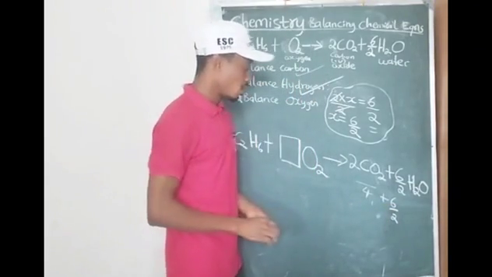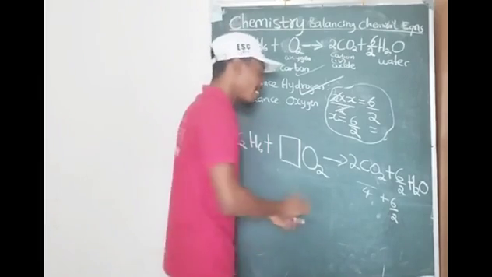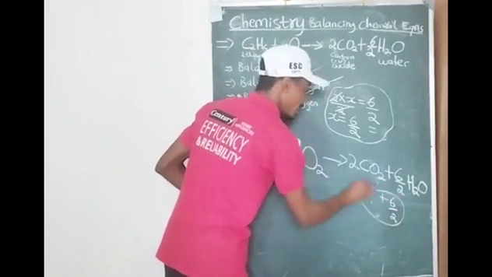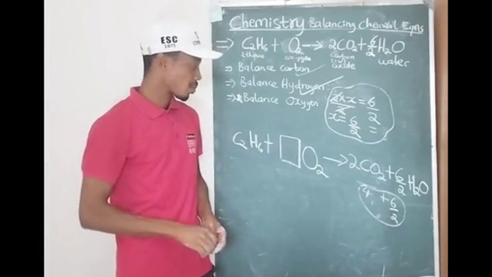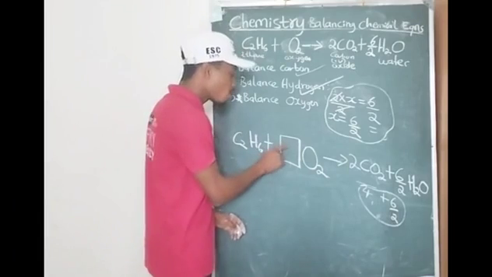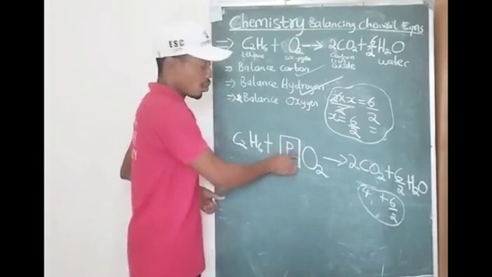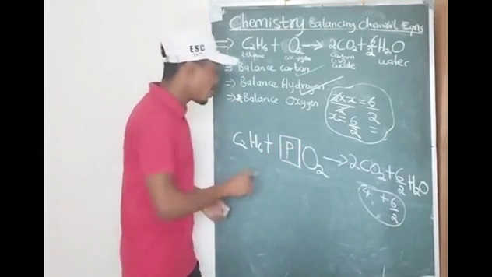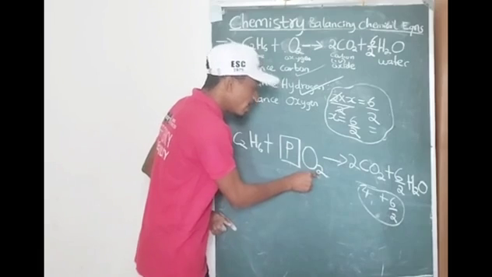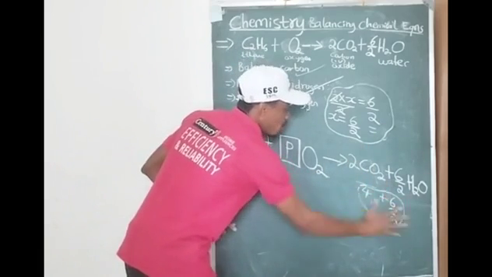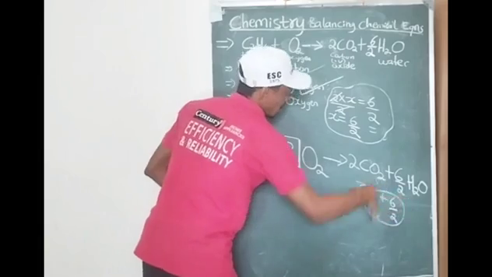So the oxygen we have is 4 plus 6 all over 2. Now, to find what is here, let's say the number of moles of oxygen here is P. This P times 2 should give the sum of the moles of atoms of oxygen on the right hand side.